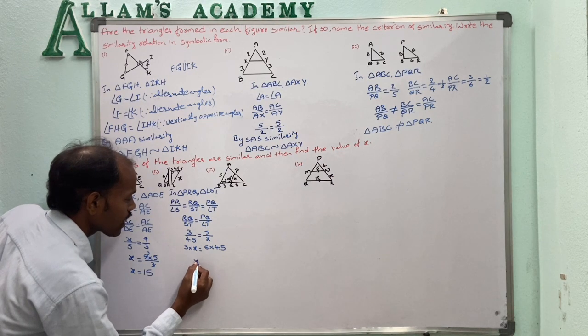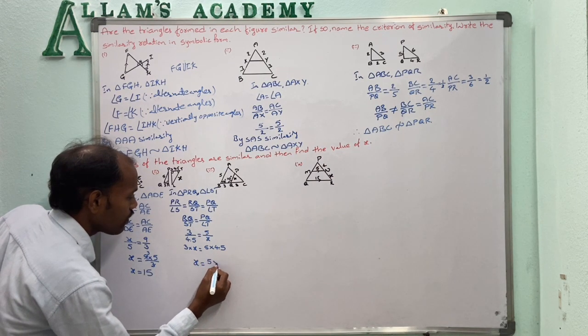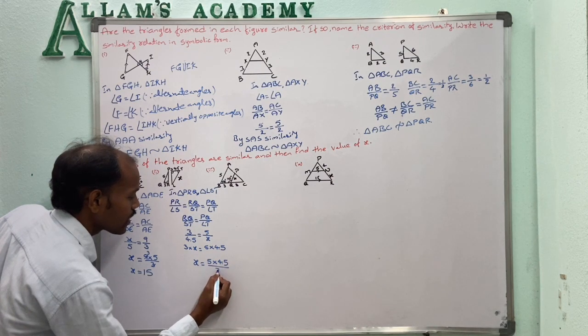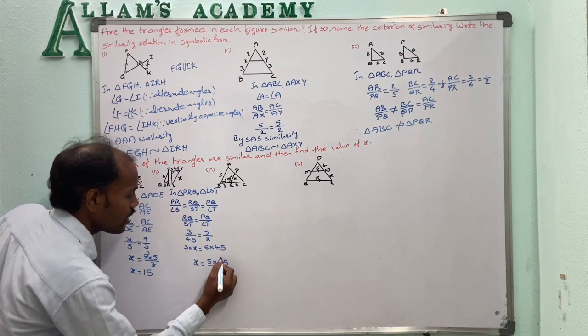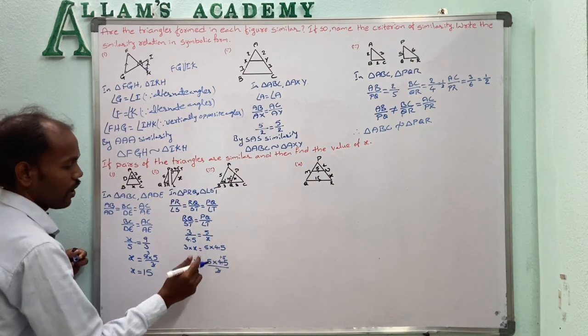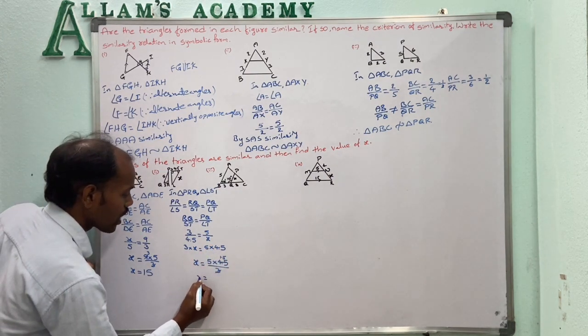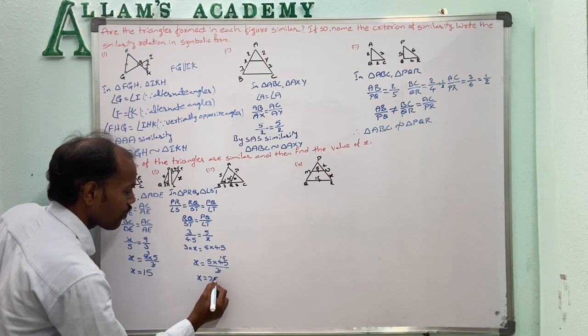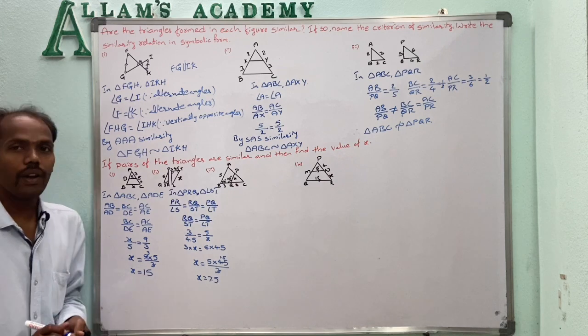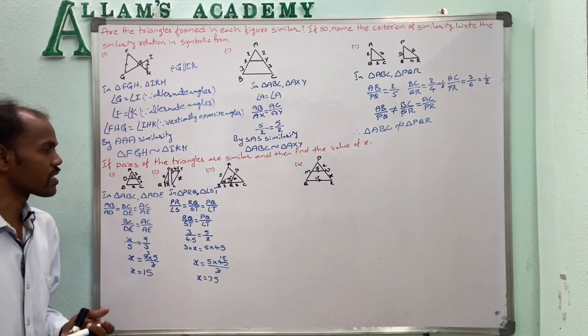So now x equal to 5 into 4.5 by 3. 3 ones are 3, 3 fives are 15, that means 1.5, where 1.5 into 5 equal to 7.5. So here the x value is 7.5 units.